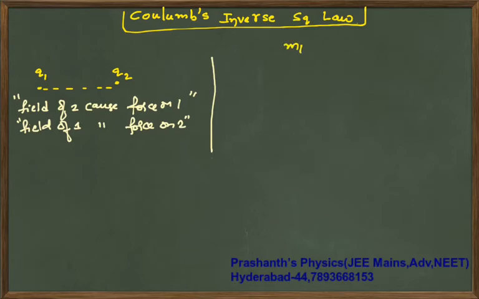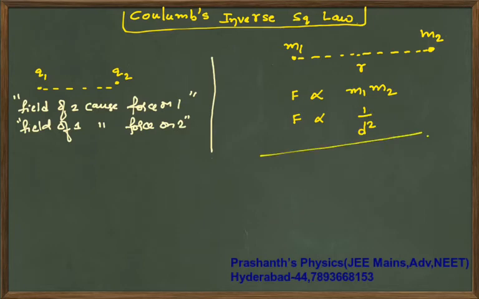You have a pole of strength M1, another pole of M2. Basically you have two poles, M1 and M2, placed at some distance R like this. Now your force is directly proportional to M1 M2 and inversely proportional to d square. This is your magnetic force.